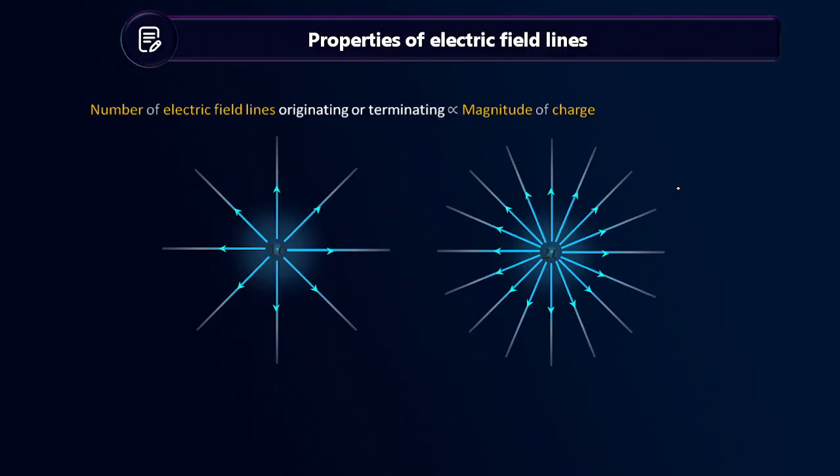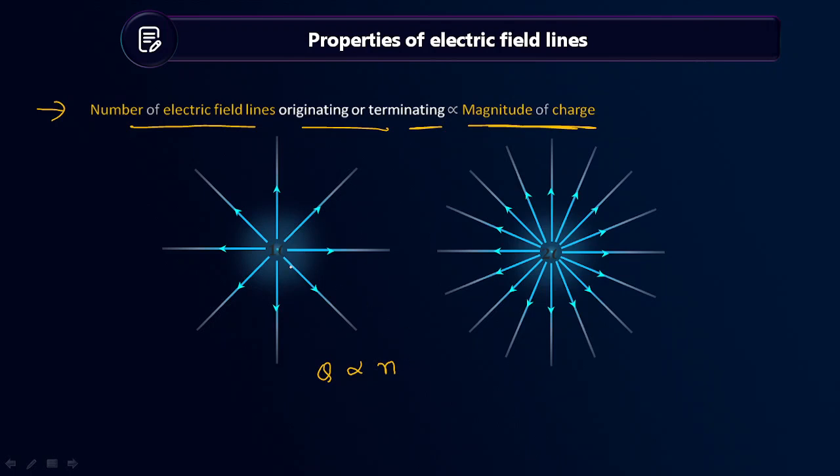Now next property number 7, it is very important. On this they have asked so many times, a lot of questions. The number of electric field lines originating or terminating will be proportional to the magnitude of charge. So we can say that charge will be proportional to N, where N is the number of electric field lines.